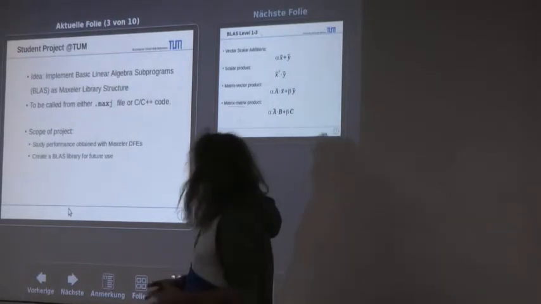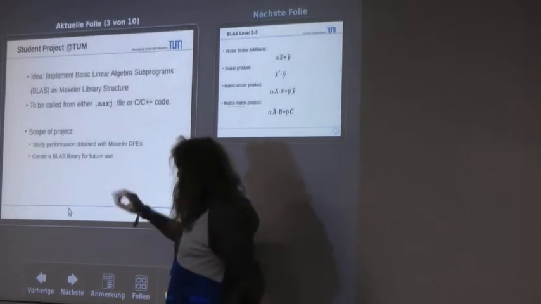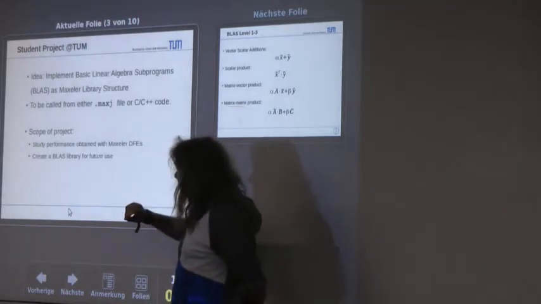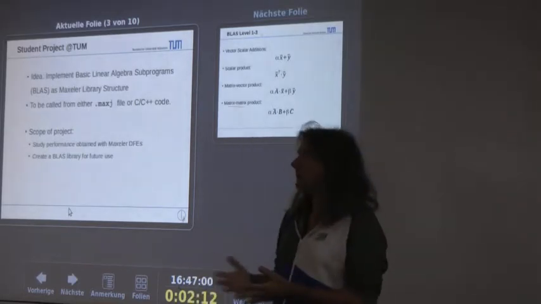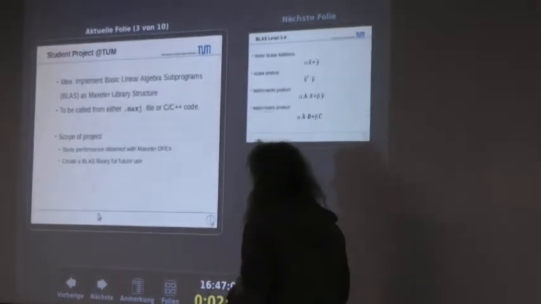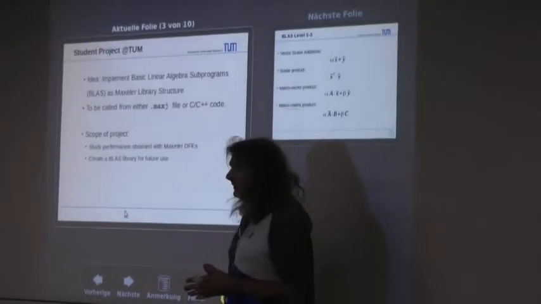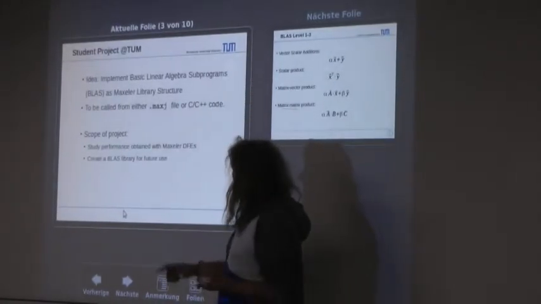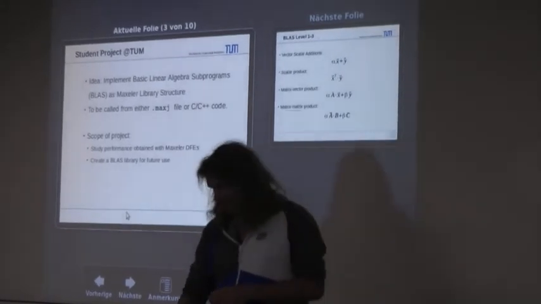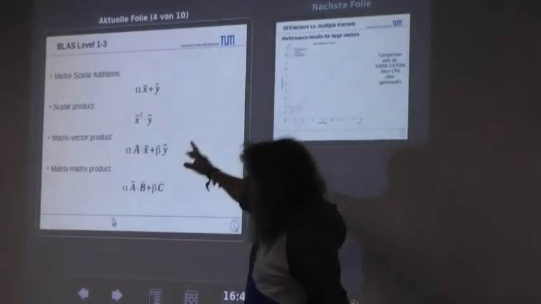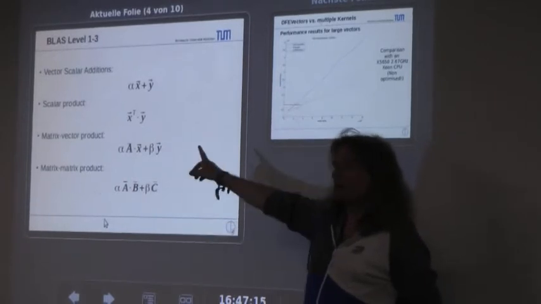Now the scope is to study the performance we can obtain with the Maxeller DFE compared to standard implementations like MKL, for example, or ACML if you prefer AMD in the x86 world, and then create a BLAS library for future use. Is everyone familiar with the BLAS routines?